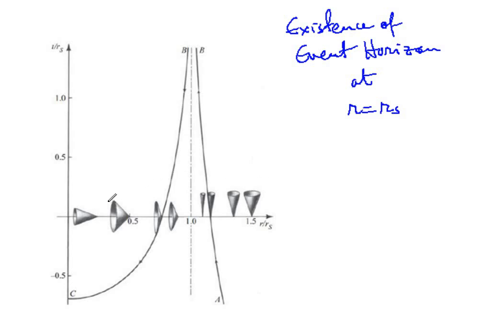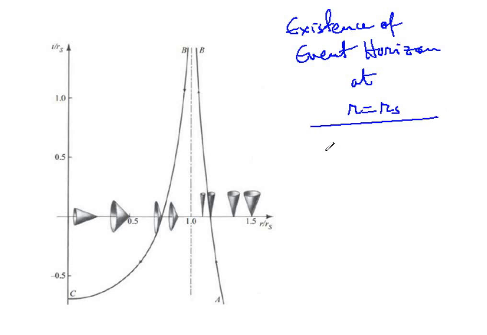Now, the light cones in the black hole region inside are oriented towards r equal to 0. So any signal in this region is unavoidably pulled towards decreasing values of r and can never leave the black hole, right?